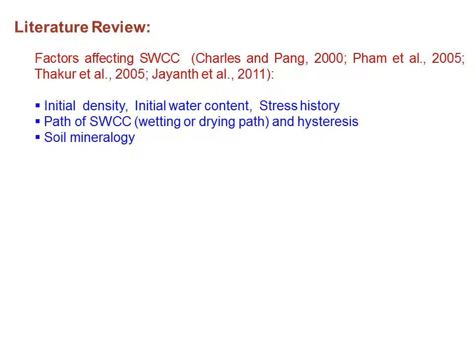Even the natural sedimentation process in water bodies can be represented by slurried samples, or the artificially compacted soils, for example embankments or any other structures which are created artificially.